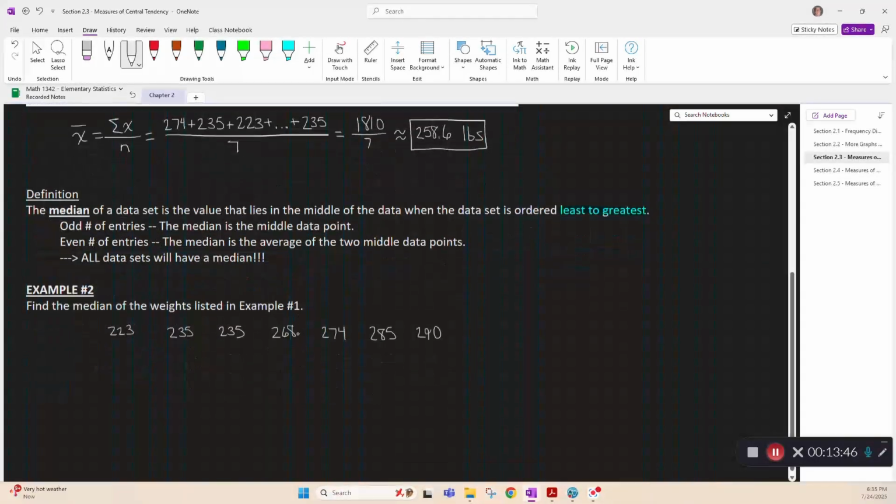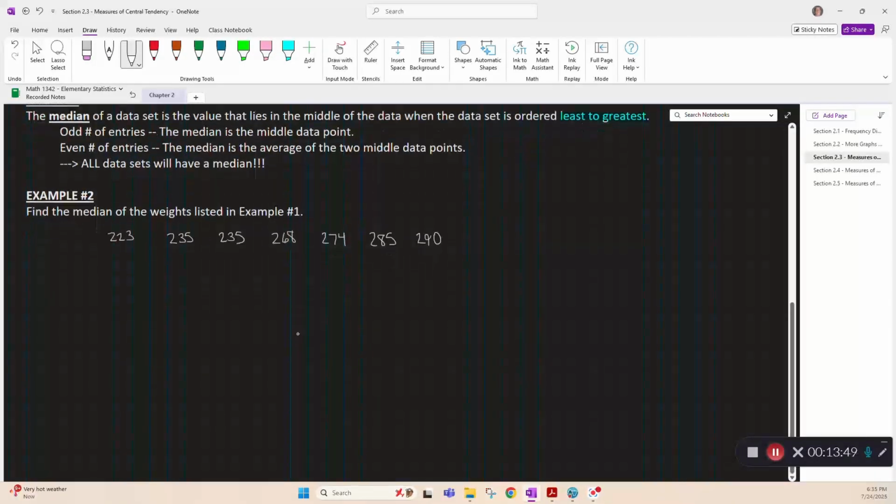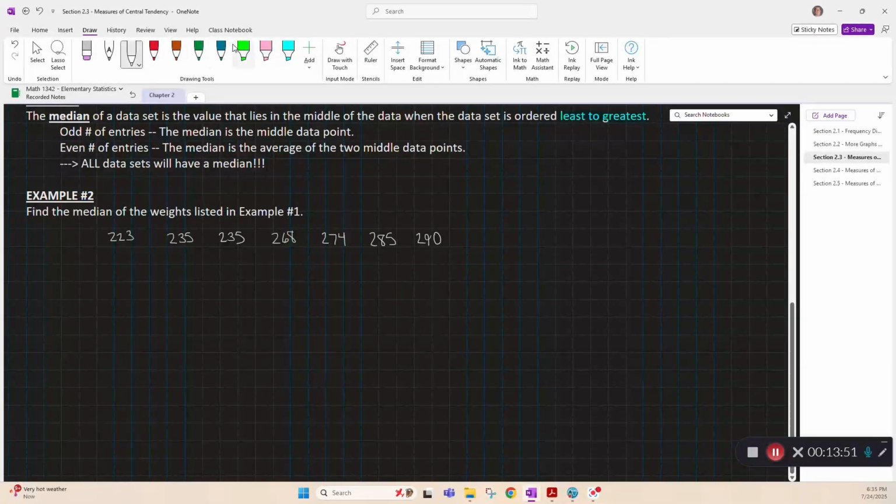Okay, so to get the median, I go to the middle entry. You can count and say, oh, it's odd. Okay, whatever. What I like to do is I like to cross them out. Boing, boing, boing, boing, boing, boing. There's my median. That's a terrible box. Let's try that again.